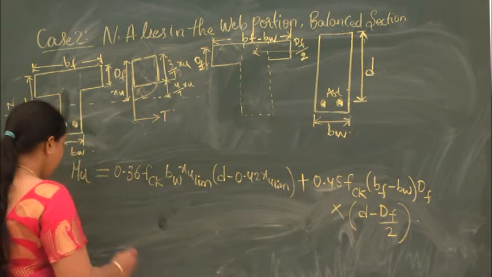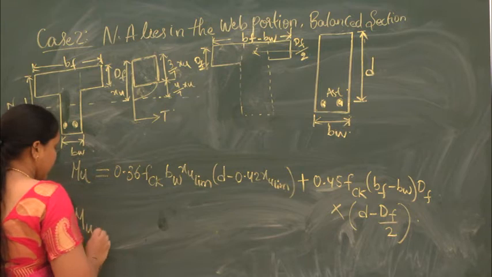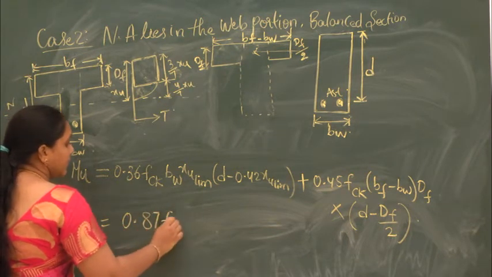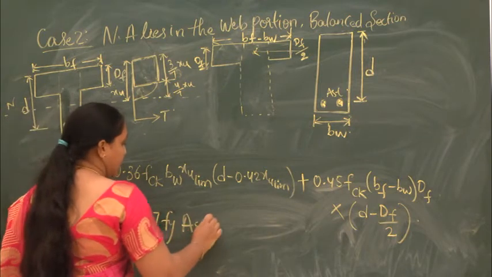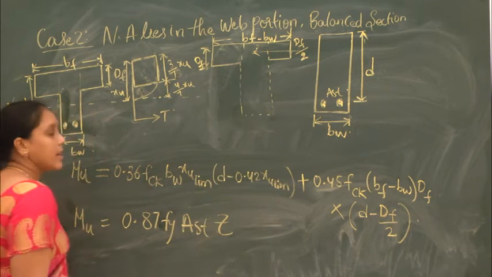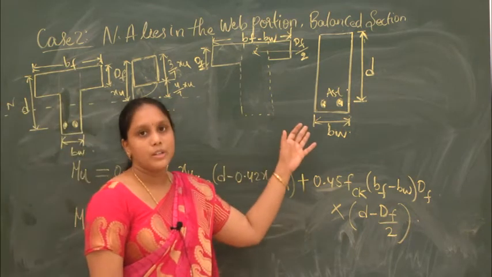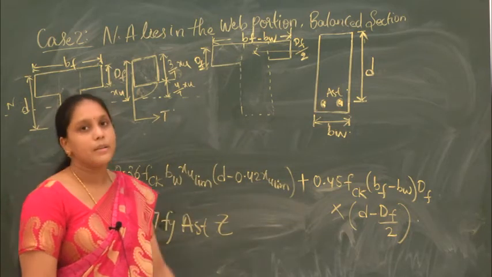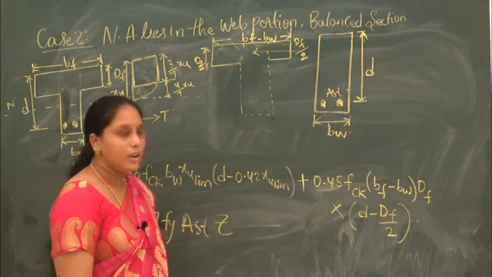In a similar way, you can find out the moment of resistance with respect to steel also as 0.87 Fy into AST into the lever arm Z. So for this, what will be the lever arm? It will be D minus 0.42 XU, and for the other part the lever arm will be D minus DF by 2.